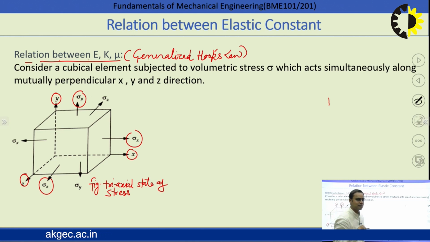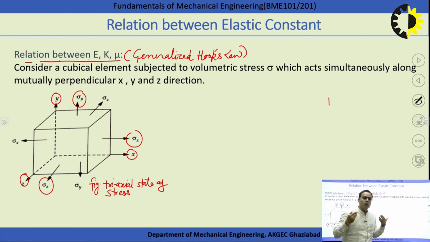If in this diagram sigma x is equal to sigma y is equal to sigma z, then this diagram represents the volumetric or hydrostatic state of stress, because the intensity of the pressure is the same in all directions.